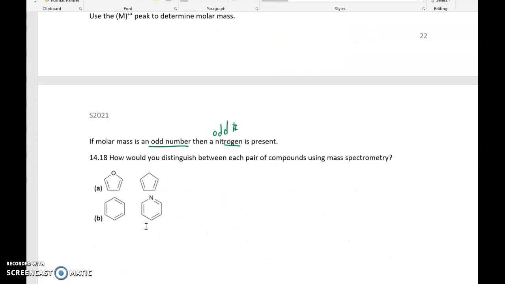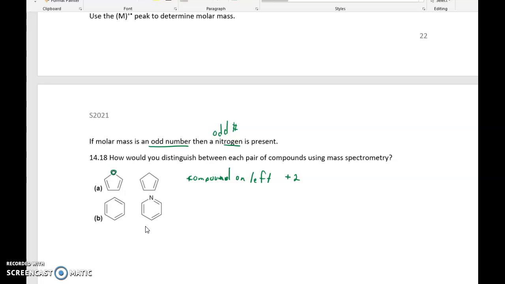So how would you distinguish between each pair of compounds using mass spec? Well, the compound on the left has an oxygen, so it's going to have a molar mass that's +2.